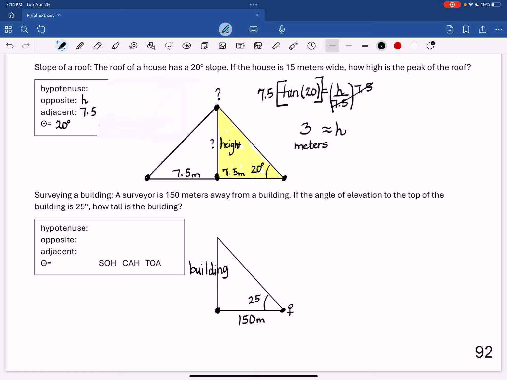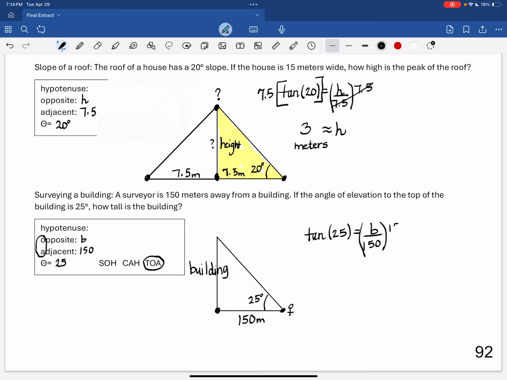So we don't care about hypotenuse. We want to know B, and we do know adjacent is 150 meters. So we're dealing with O and A, that's TOA. The tangent of 25 is opposite over adjacent.